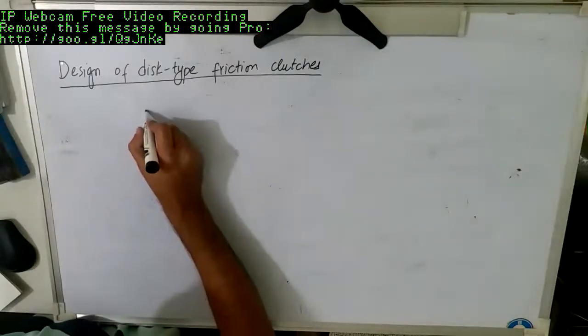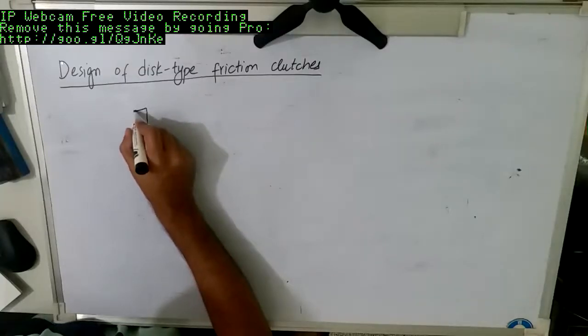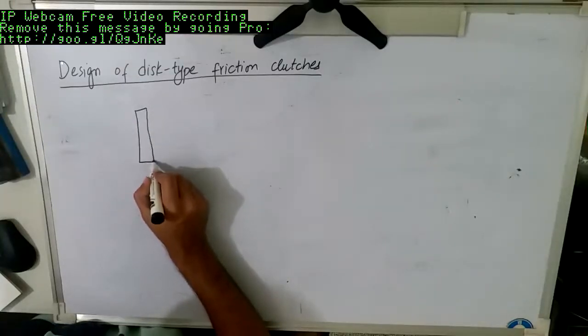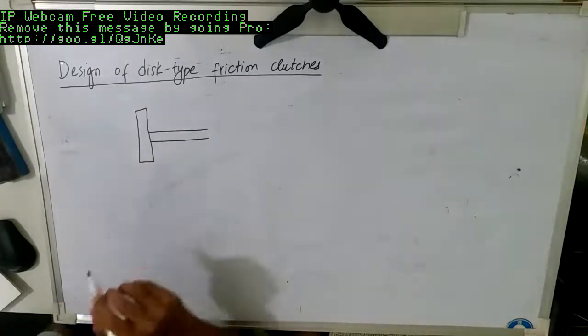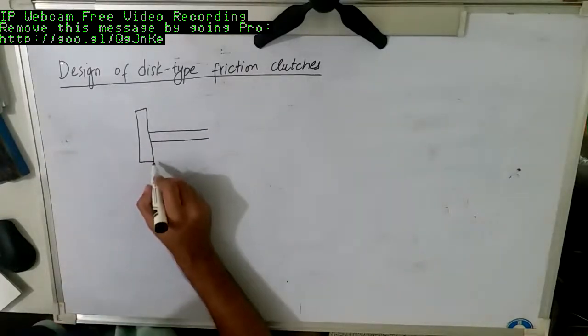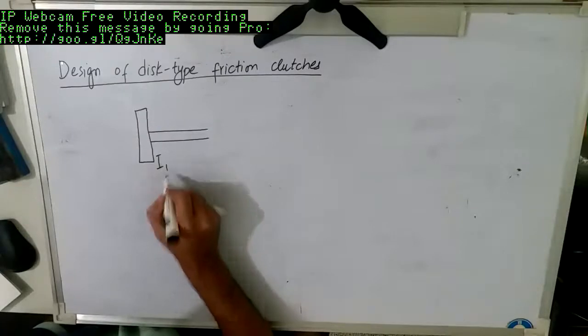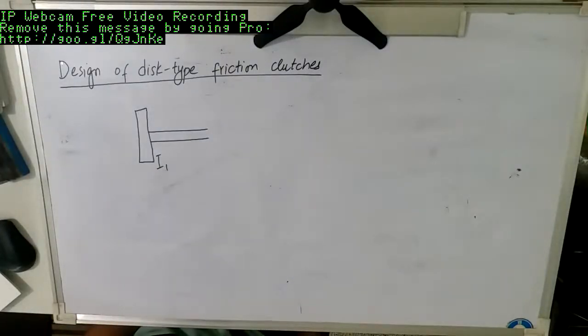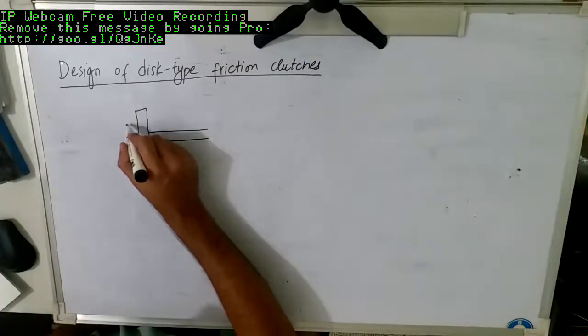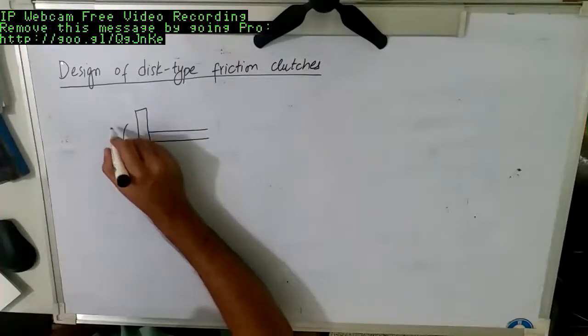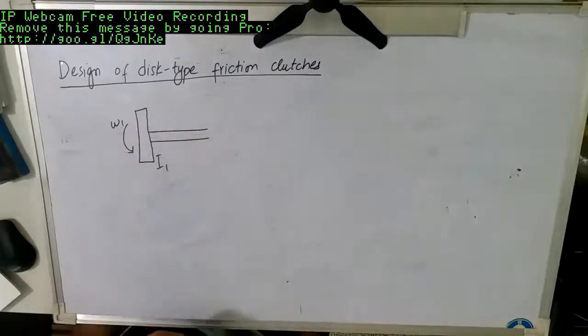So here is our first element or first part, which is mounted on a shaft. It has an inertia of I1 and it is rotating in a certain direction with an angular velocity of omega 1.